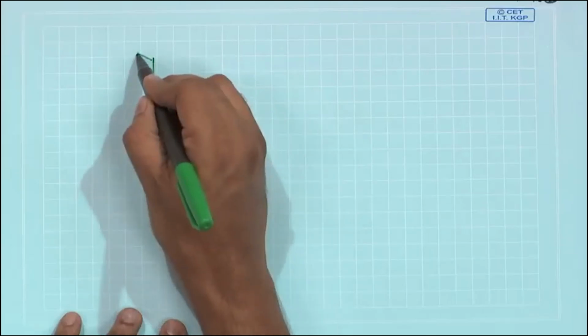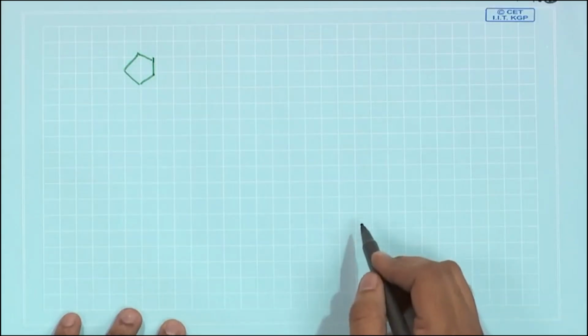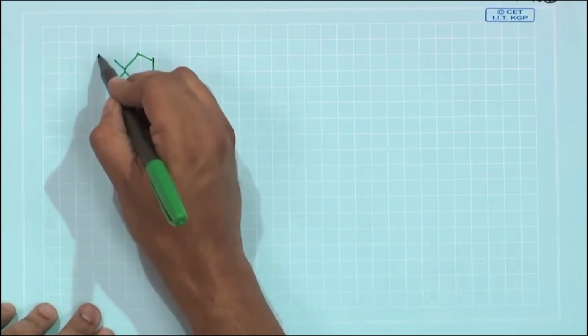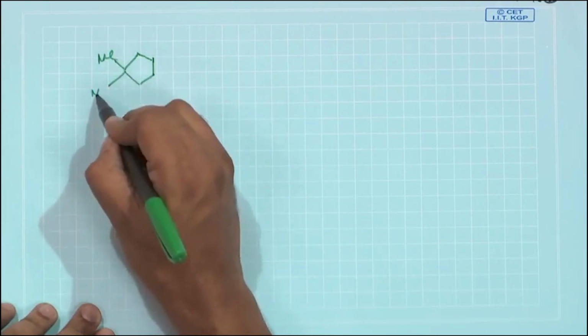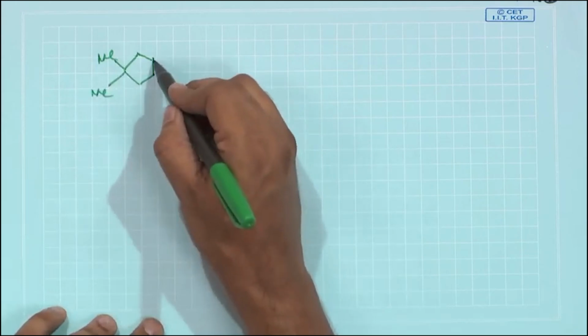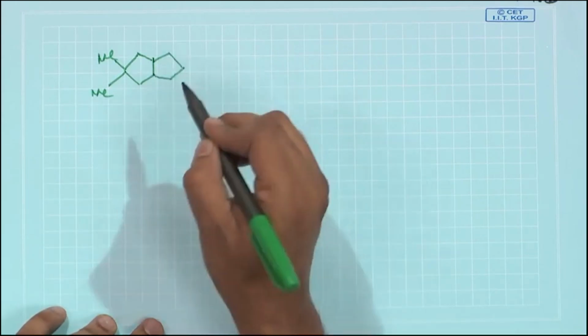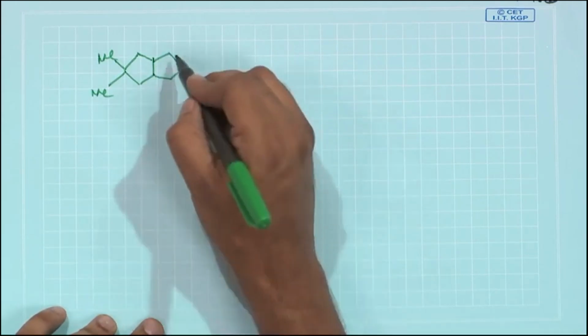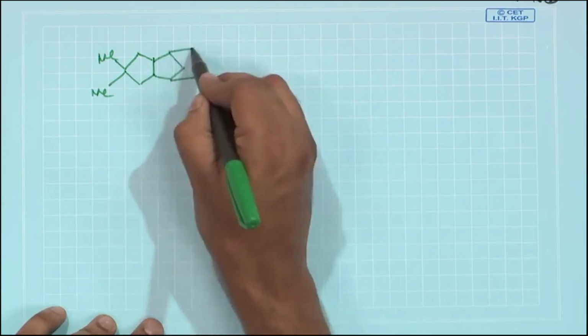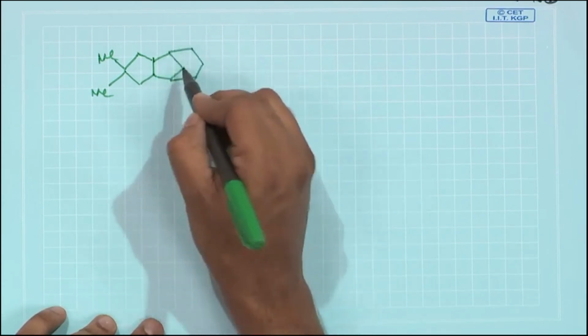Now, what I am trying to do, I will give you a natural product which is a perfectly symmetrical natural product, same like civetone, but this structure is a little bit complicated. Now, see the structure very carefully.